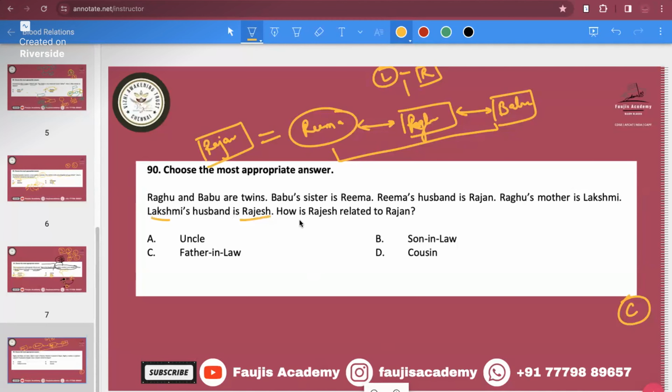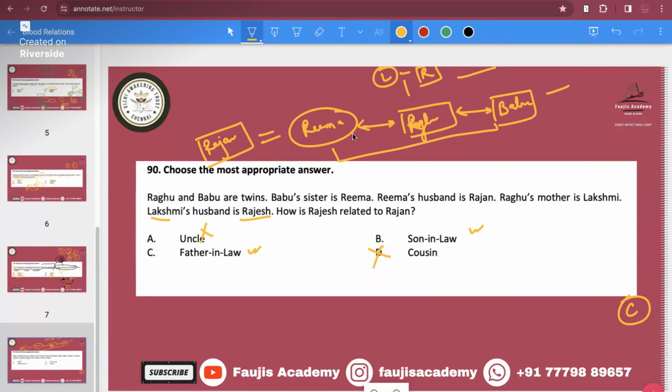Lakshmi's husband is Rajesh. How is Rajesh related to Rajan? Two generations, one generation, two generations. That means cousin won't be the answer. For sure, the answer is either father-in-law or son-in-law. Uncle damn sure is not the answer.